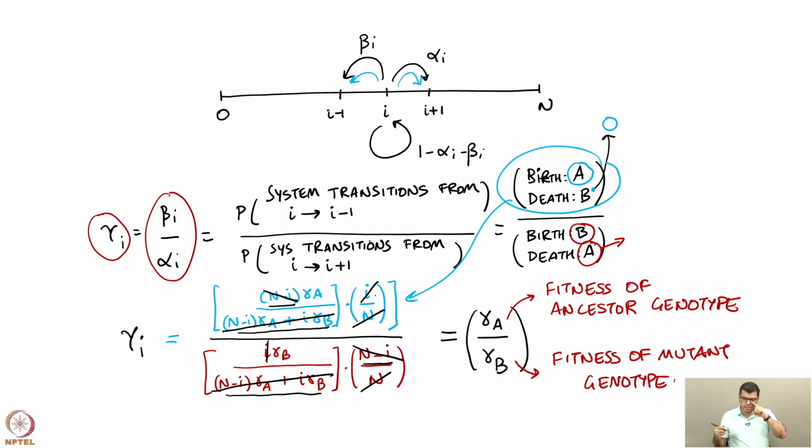Because we started this discussion with the assumption that the mutant we are going to be discussing will be an adaptive mutation, an adaptive mutant which has come up and actually has a higher fitness than that of the ancestral genotype, we know that R_B by definition is greater than R_A. As a result of this, gamma_i is actually less than 1.